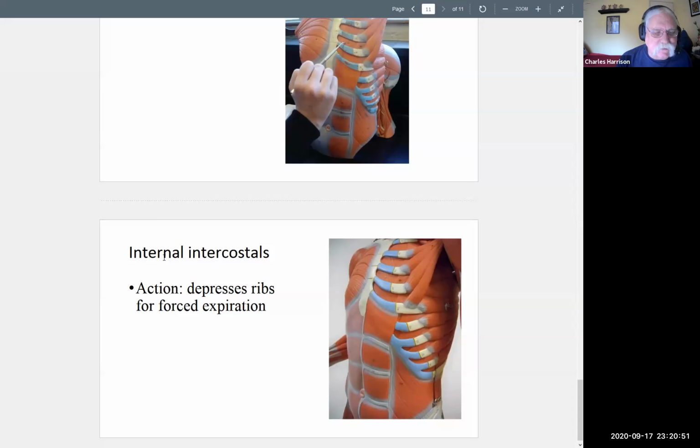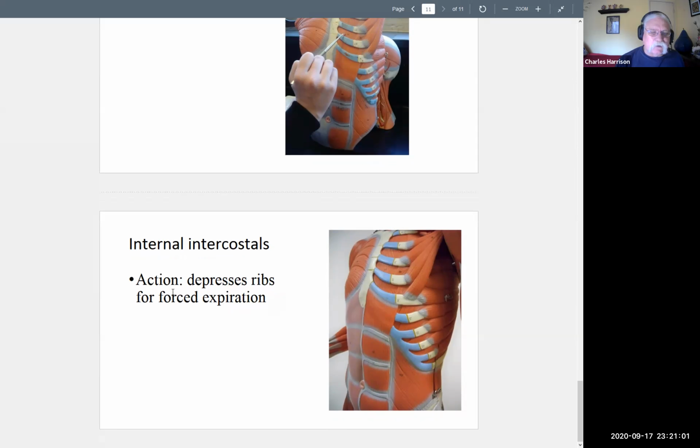So the action of the internal intercostals is it depresses the ribs for forced expiration. Without that action, you're just going to walk slowly for all your life.